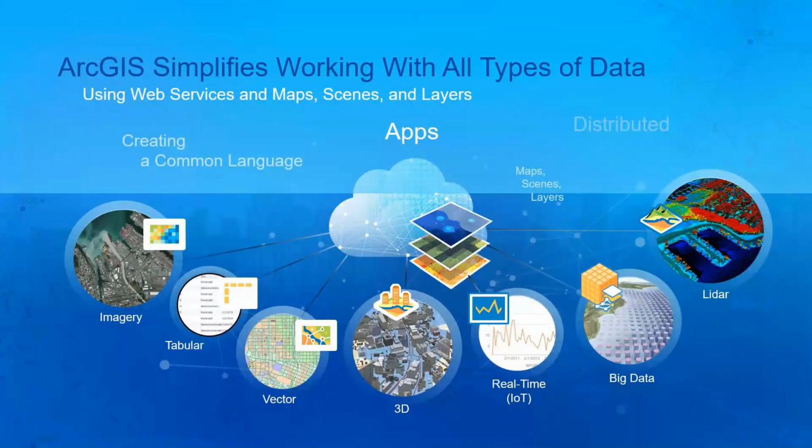This partnership is paving the way for a new ArcGIS connector that can be plugged into authoring tools such as Revit and Civil 3D. Bringing these two data sources together is going to accomplish a number of things.